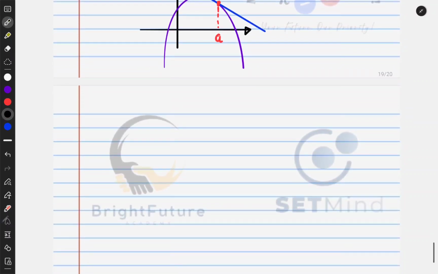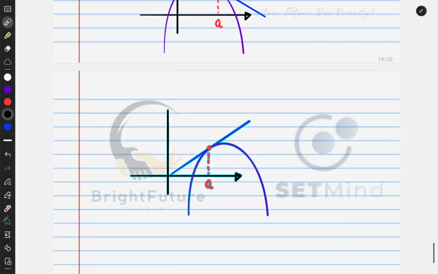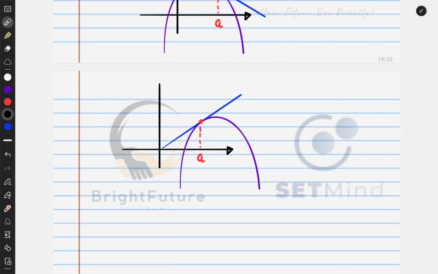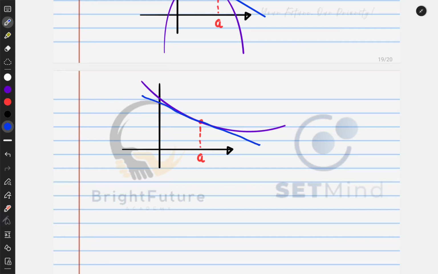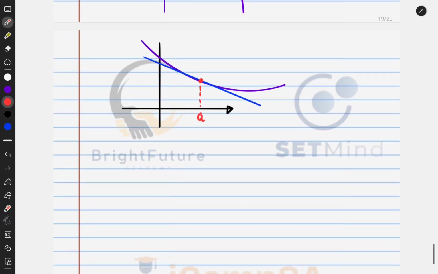Okay, and then once again, let's also paste maybe another example, maybe an exponential function. Still, if we have this nature, our function is decreasing at a.